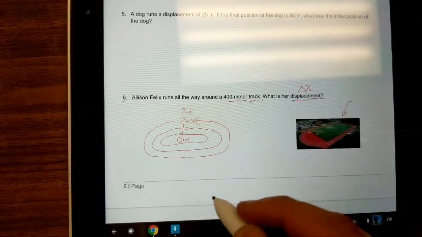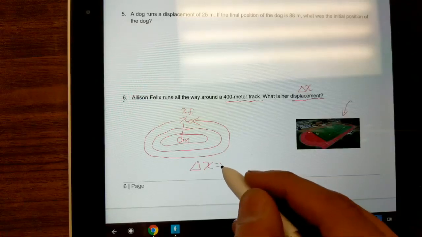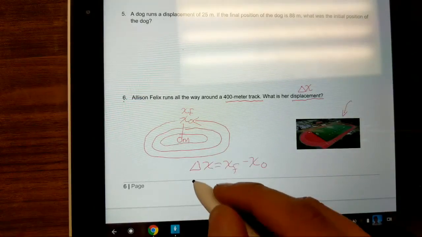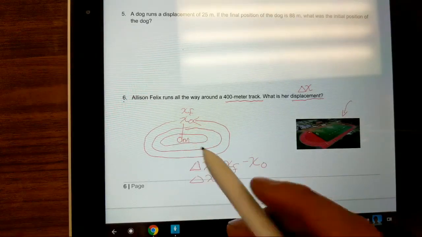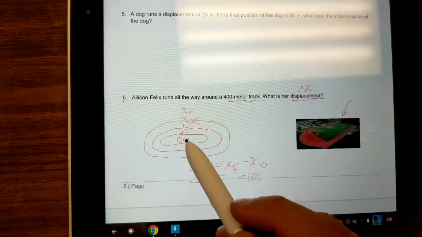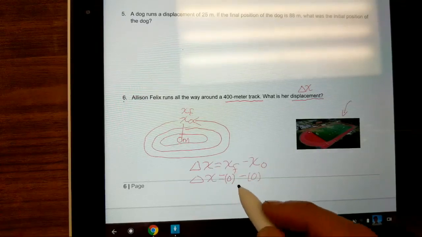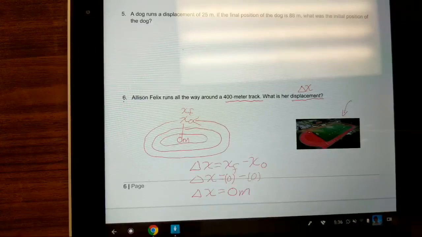Then we apply our equation, delta x equals x final minus x initial. She started at 0 meters, and she ended at the same spot, which we just arbitrarily called 0 meters. And so 0 minus 0 gives us a displacement of, of course, 0 meters.